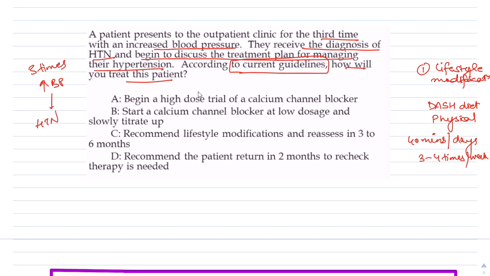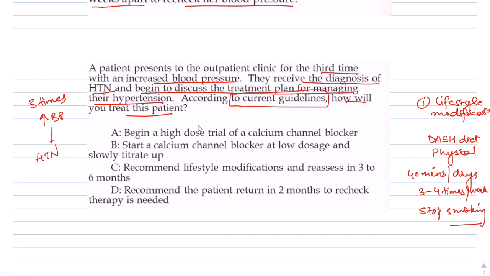And third is stop smoking. These things should be followed. So recommend dietary modification and reassess in 3 to 6 months is the best statement. Before initiating any drug therapy, we need to do lifestyle modification, then only advise treatment.